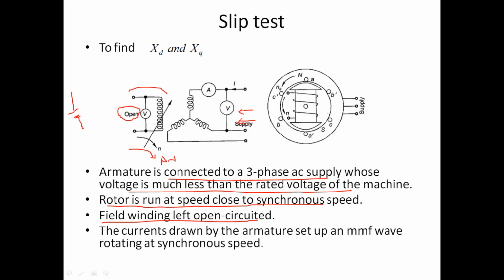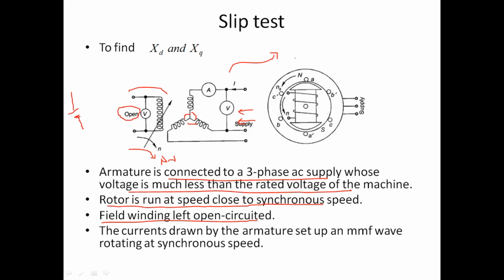Now what will happen if we give a 3-phase AC supply, in which each phase voltage is displaced by 120 degrees, to a 3-phase AC winding in which each winding is displaced by 120 degrees? What will happen whenever a supply is given here?